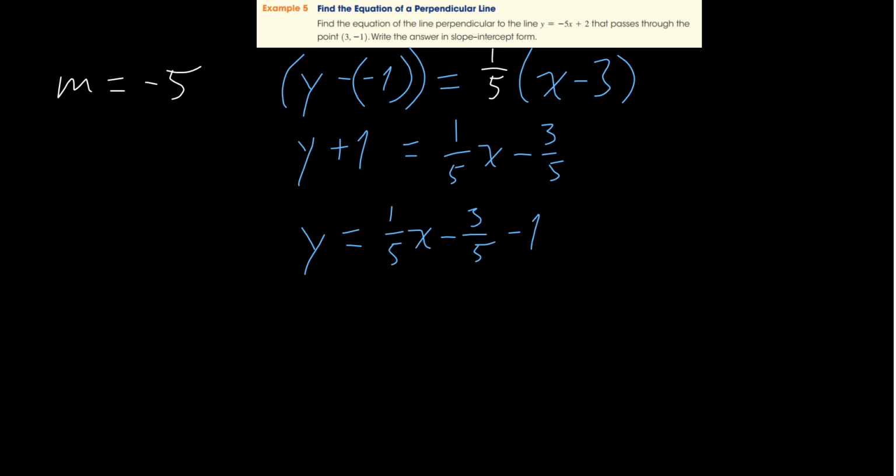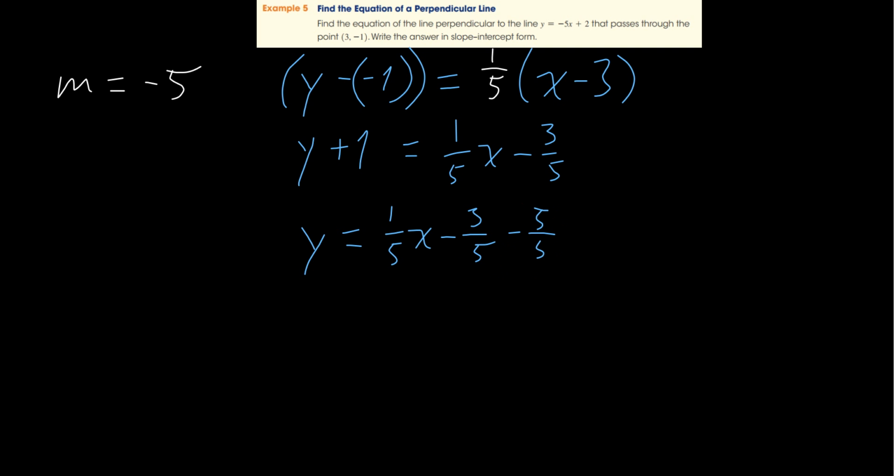In order to combine these constants, I need a common denominator. So how do I rewrite the number 1 with a denominator of 5? That's easy, it's just 5 over 5.